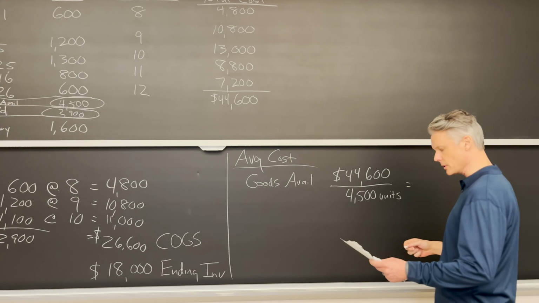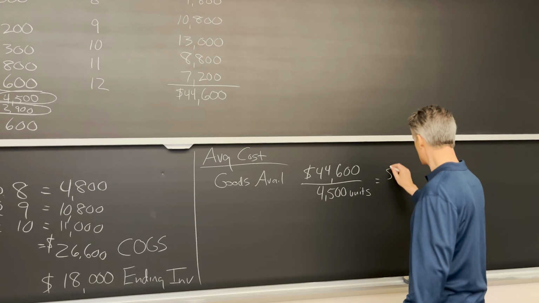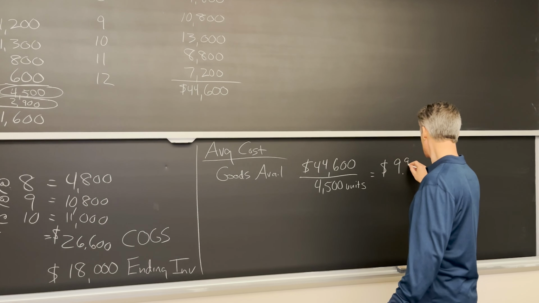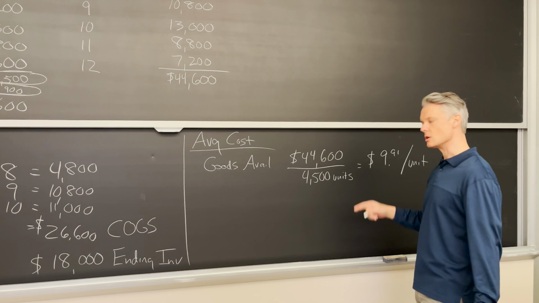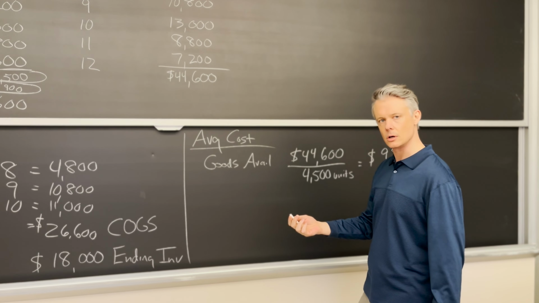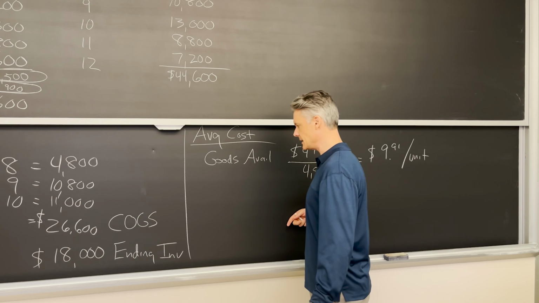So on average, our cost is $9.91 per unit. So let's use this and we'll calculate cost of goods sold and ending inventory.